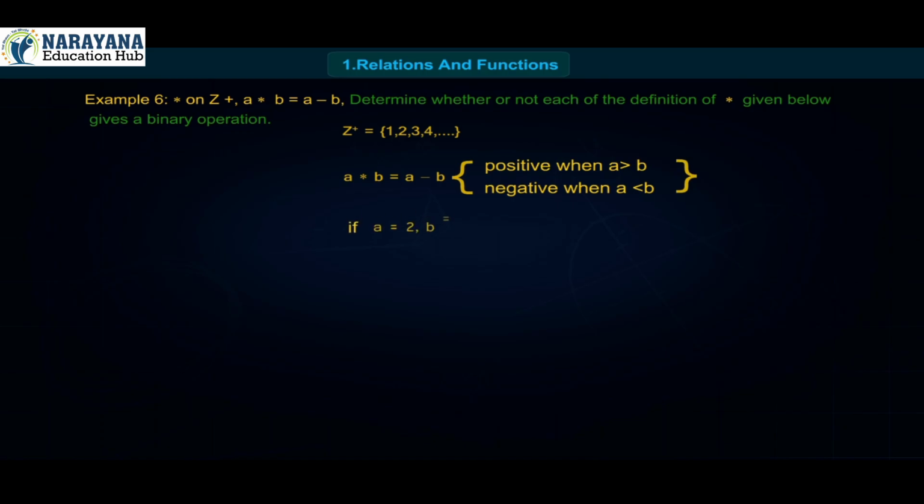If a is equal to 2, b is equal to 5, then a, b belong to Z plus. a star b is equal to 2 star 5 is equal to 2 minus 5 is equal to -3, which does not belong to Z plus. Therefore, star is not a binary operation on Z plus.